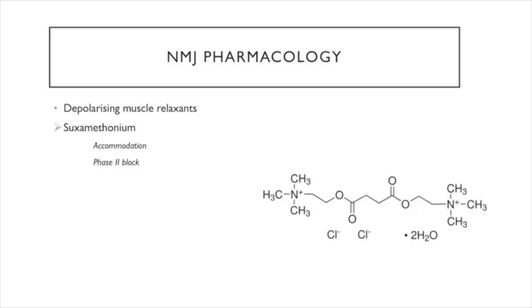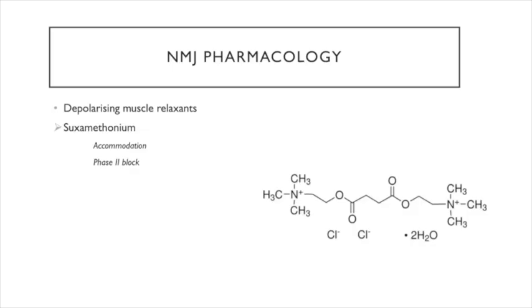When you connect up a nerve stimulator, typically what you find with succinylmethonium is a decrease in amplitude in the train of 4 count, but all of the twitches are of the same height, just a decrease in amplitude.